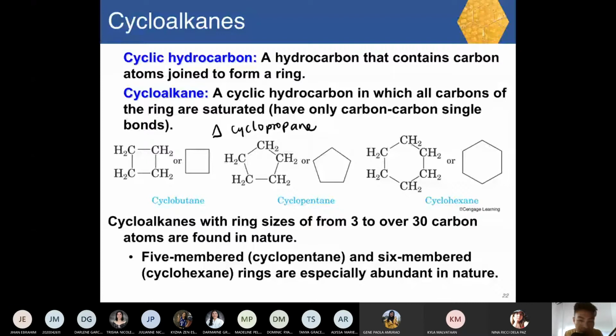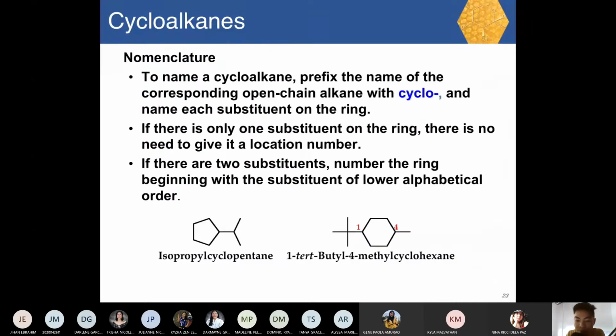So how to name our cycloalkanes, no? So in naming your cycloalkanes, you check the ring. Yung ring, yung pabilog, bilangin mo kung ilang carbons meron doon. Okay? So for example, we have 5 carbons. So the prefix to be used there is pent, no? So pent ibig sabihin nun 5 carbons. Hex, ibig sabihin nun 6 carbons.